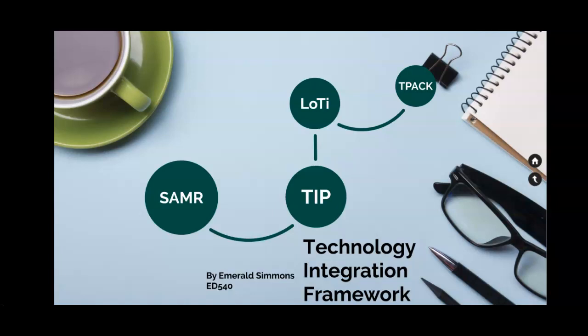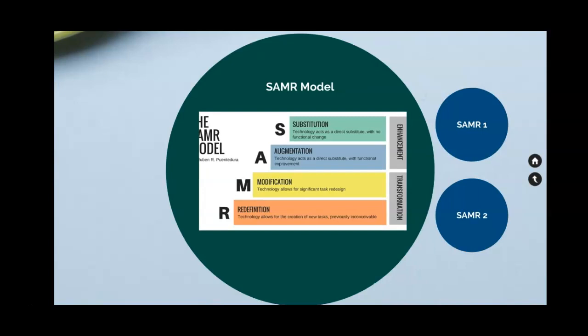First model that I'm going to discuss is the SAMR model. This model was developed by Dr. Ruben Puentedura. As you can see here, it offers 4 different degrees. One of the things to remember about the SAMR model while you're looking at the visual is that it's not really a climb.